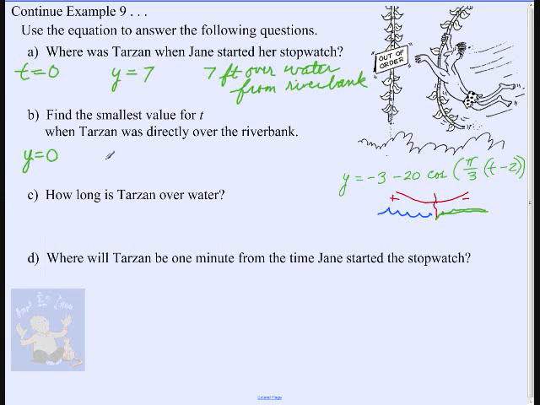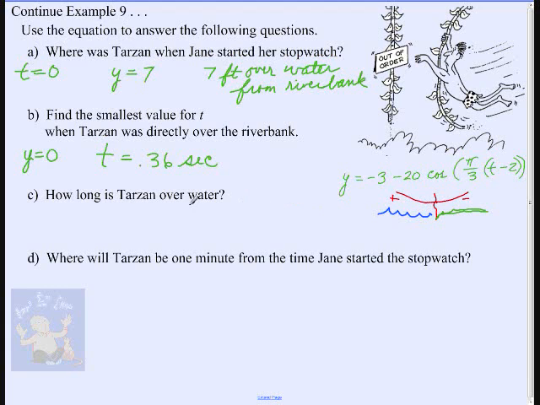That's the smallest t value. Now we keep swinging back and forth over the riverbank, but so at t equals 0.36 seconds. How long is Tarzan over water?